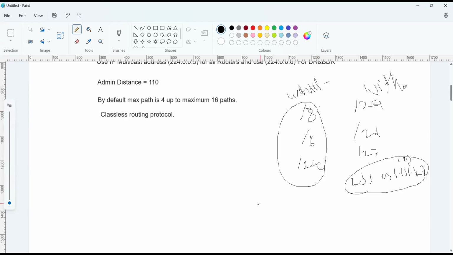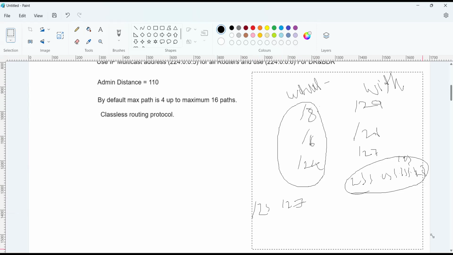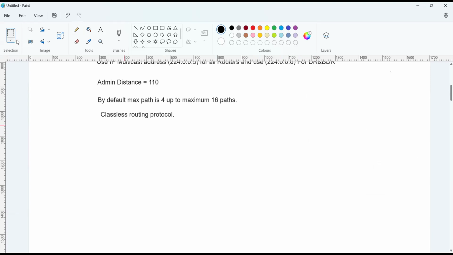Apart from that, /25, /27, likewise, it won't carry. A classless routing protocol will carry the subnet mask information. So yes, it will support VLSM and FLSM, fixed length subnet mask and variable length subnet mask. Both will be supported. OSPF will support FLSM and VLSM.